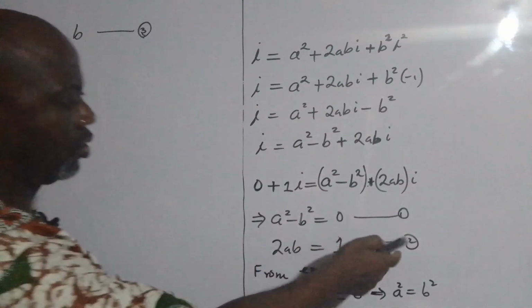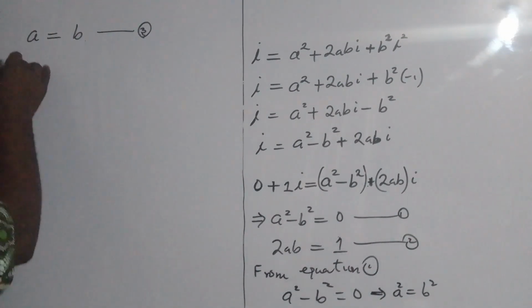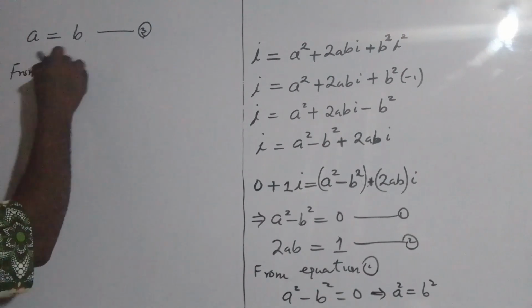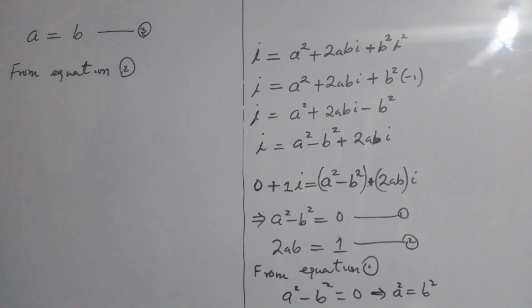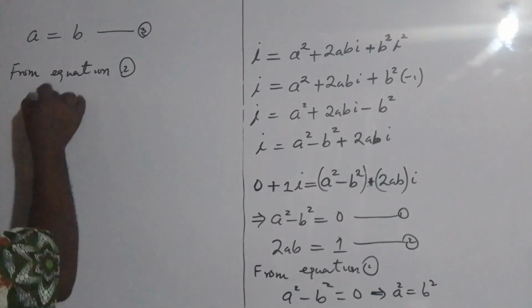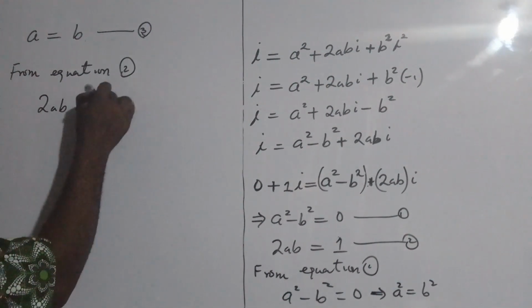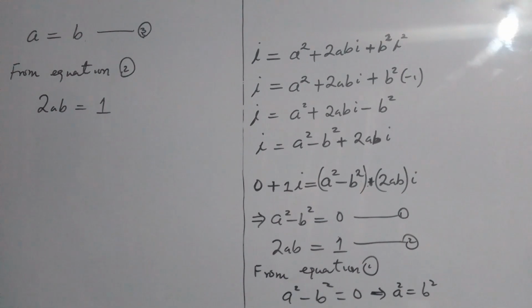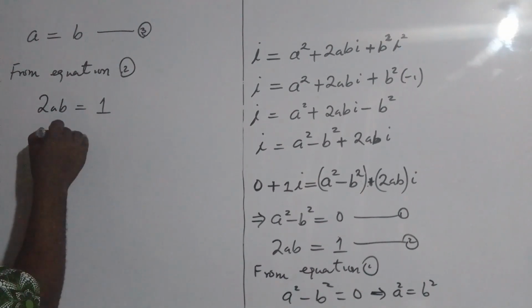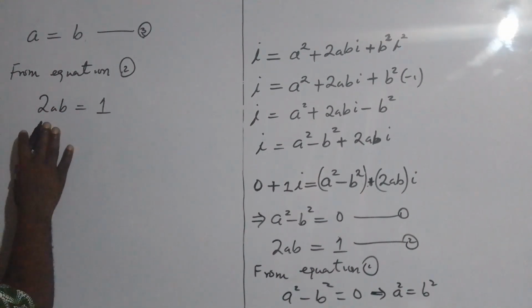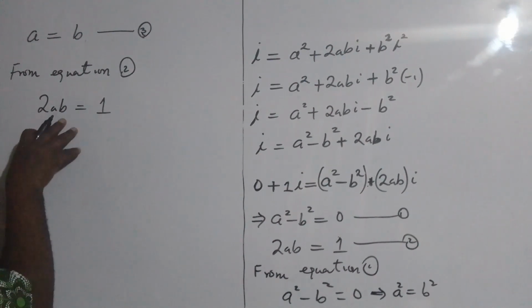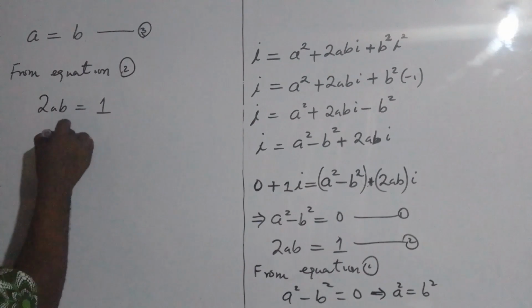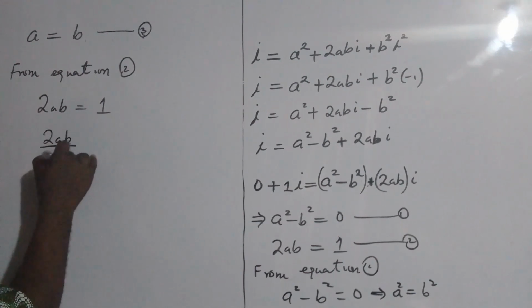Now let's go back to equation 2. From equation 2, we have it that 2ab equal to 1. So this means that if I divide both sides by 2a, that is, I'm interested in making b the subject of the formula, so I divide both sides by 2a.